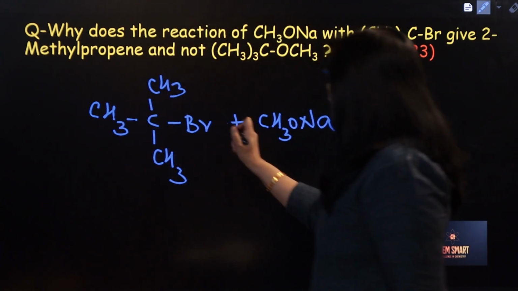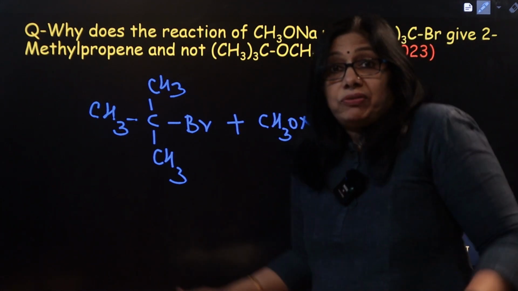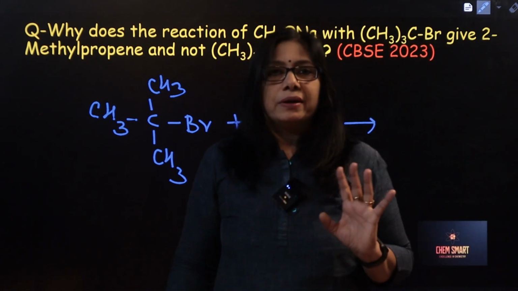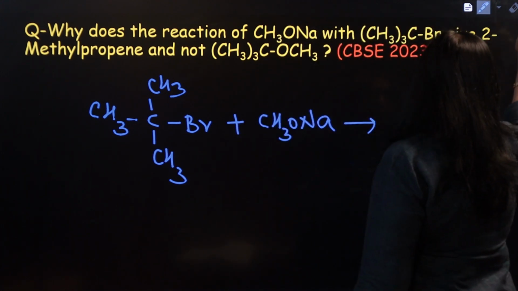What is the substitution? This Br can go with Na and OCH3 will get substituted here. If that happens, it will be an ether, but that doesn't happen. It is undergoing elimination.